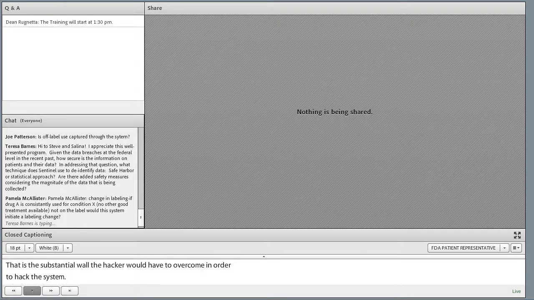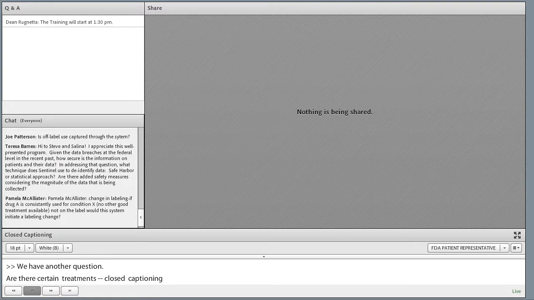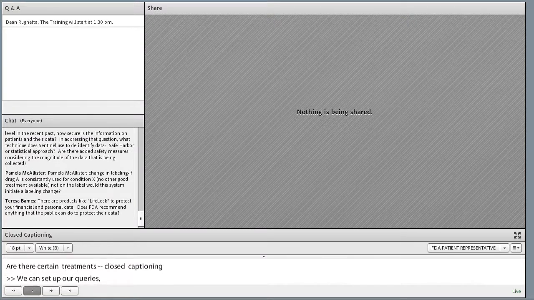Thank you. We have another question asking if treatment outcomes can be evaluated by specific cancer treatments. So is there something set up in the program for something like that? Absolutely. We can set up our queries and our analyses to evaluate what kinds of outcomes are experienced by patients who have a certain disease or who take a certain drug or other medical product.